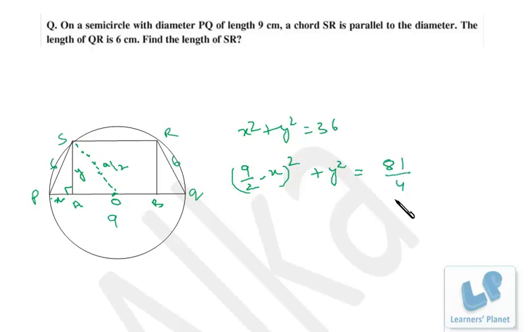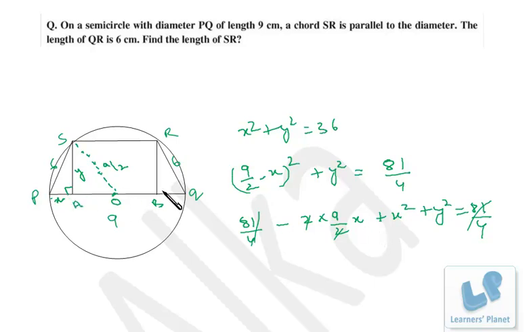So it's 81/4, right? If I open that up, 81/4 minus 2 times 9/2x plus x square plus y square is 81/4, right? Now x square plus y square is 36, that means 9x is 36, that means x is equal to 4.